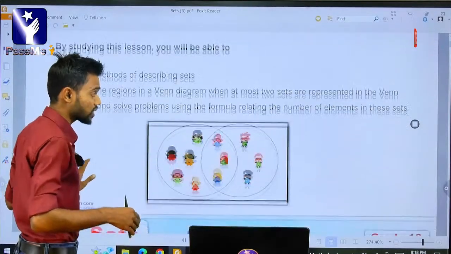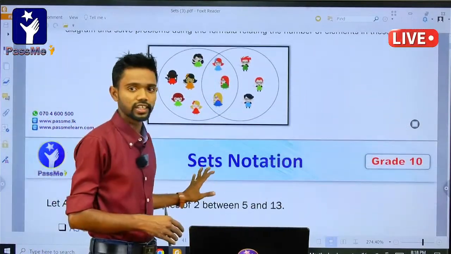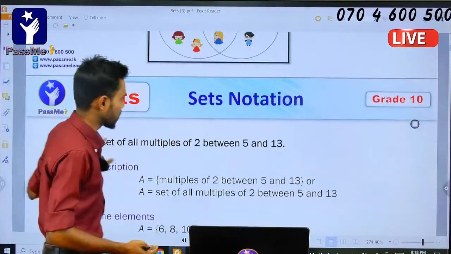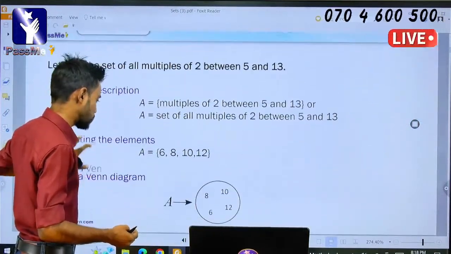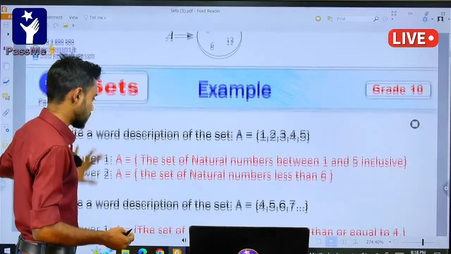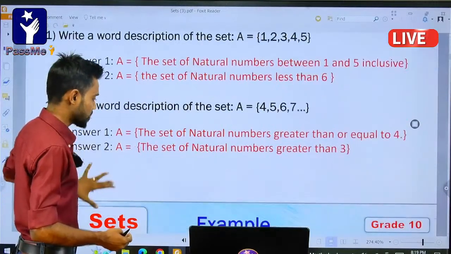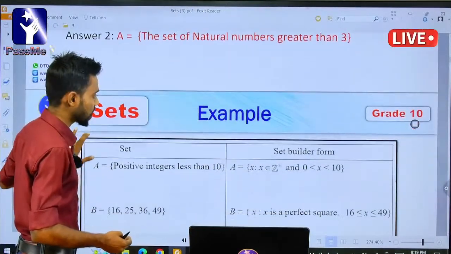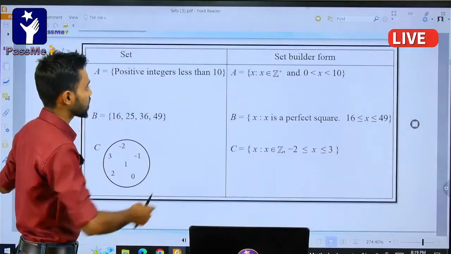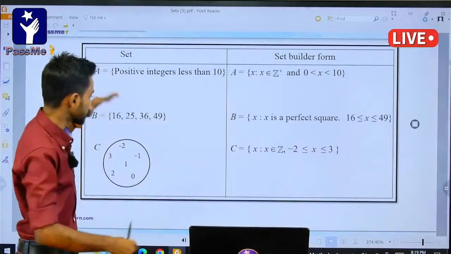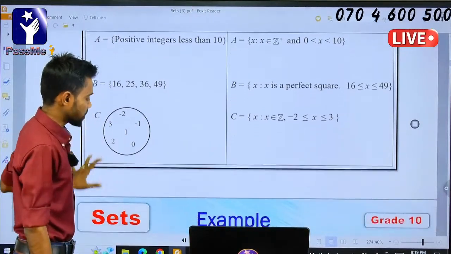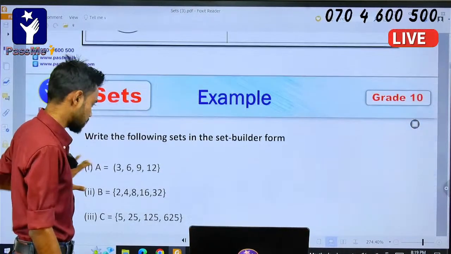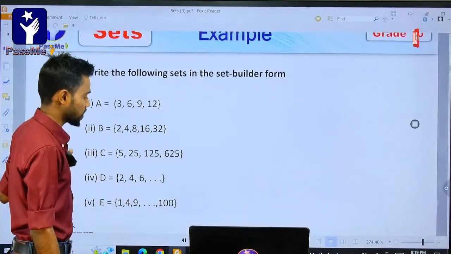We started with set theory and set notation, and after that we discussed several examples in the last class. We will also study the set builder form and other types of set notation methods, and we also discussed some of the questions last week.